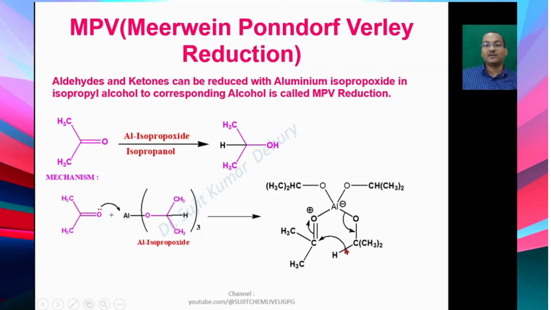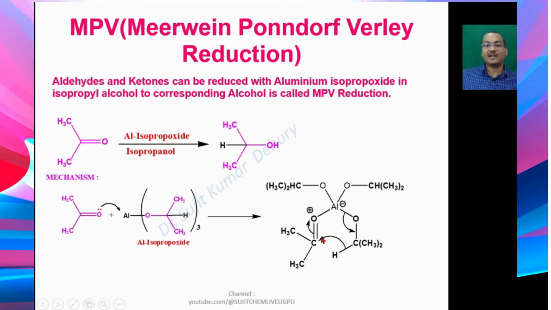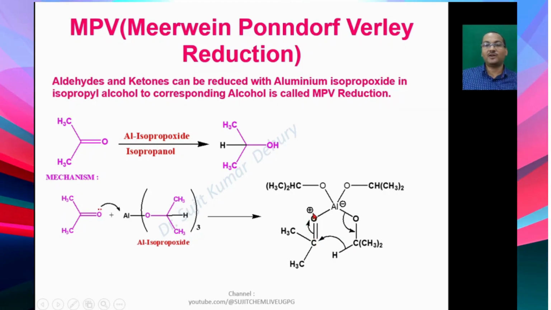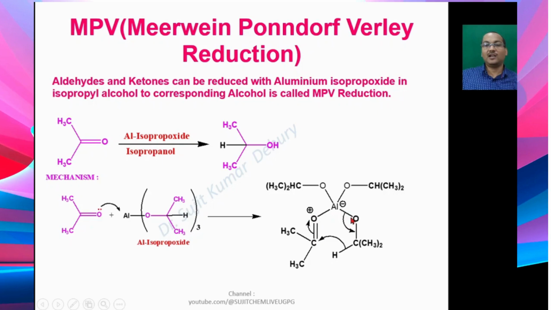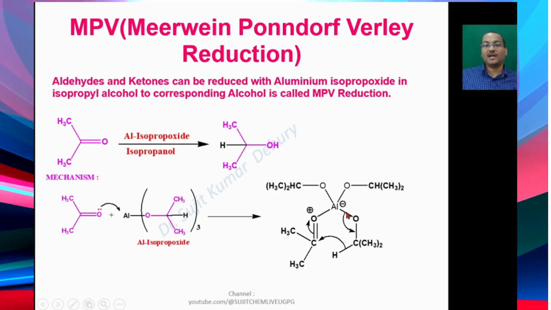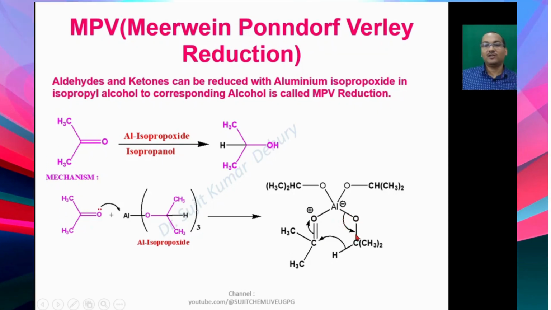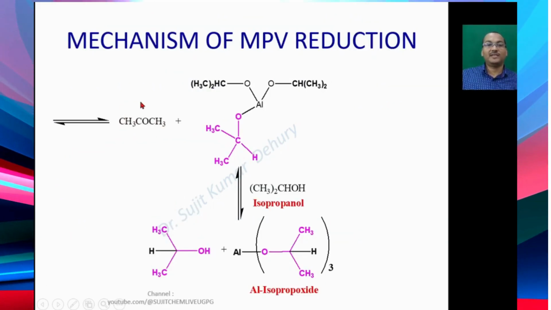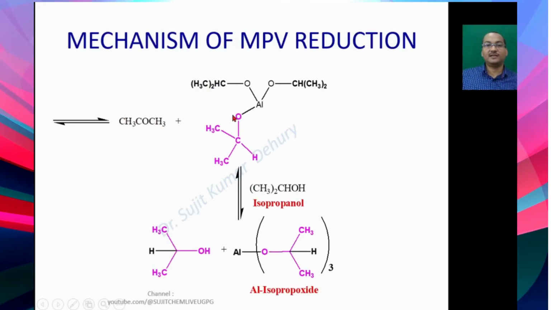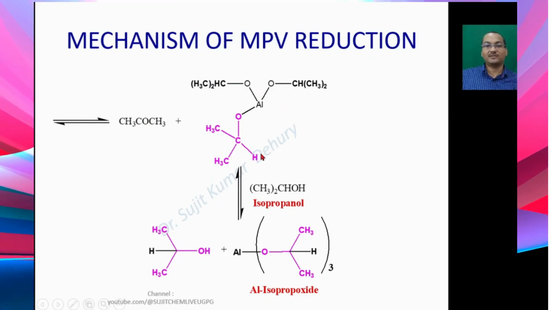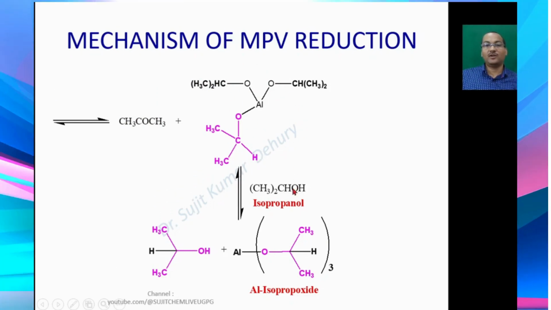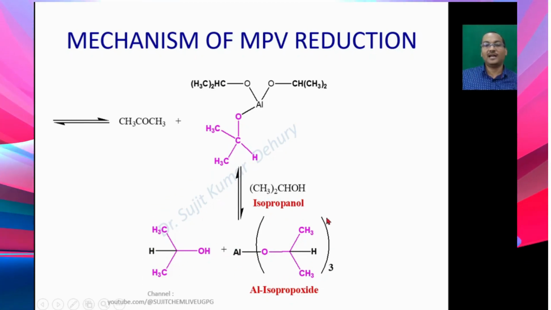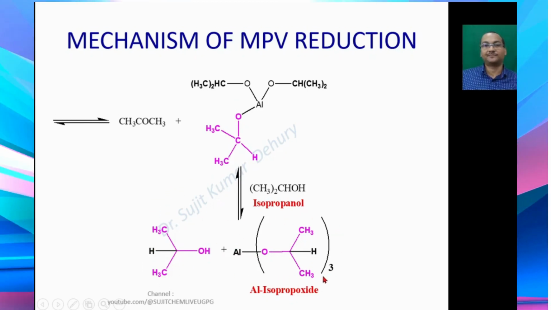H attacks as H minus, and C double bond O will break on O plus, and this aluminum oxygen will come here. As a result, you will end up with acetone and this oxygen aluminum complex. Again there will be a proton exchange with isopropanol giving rise to alcohol, and aluminum isopropoxide back.